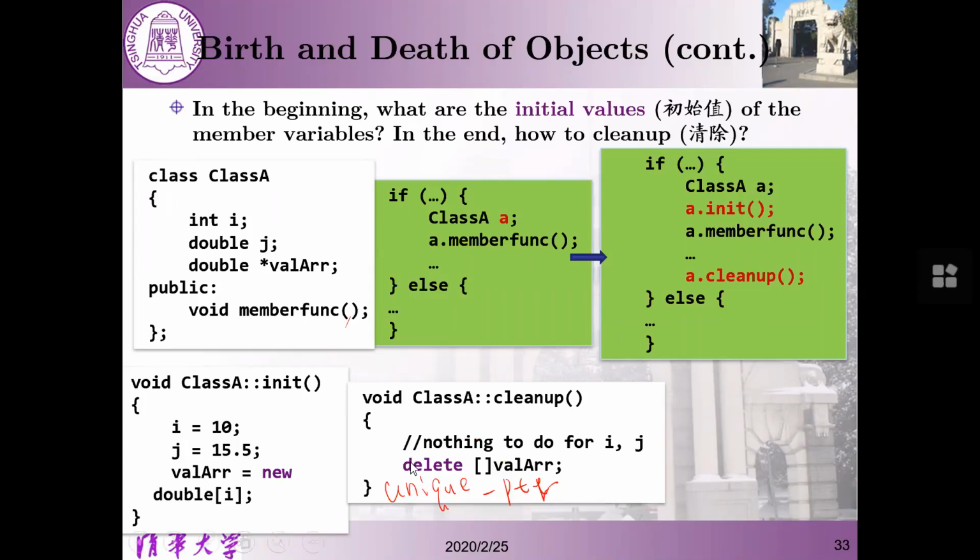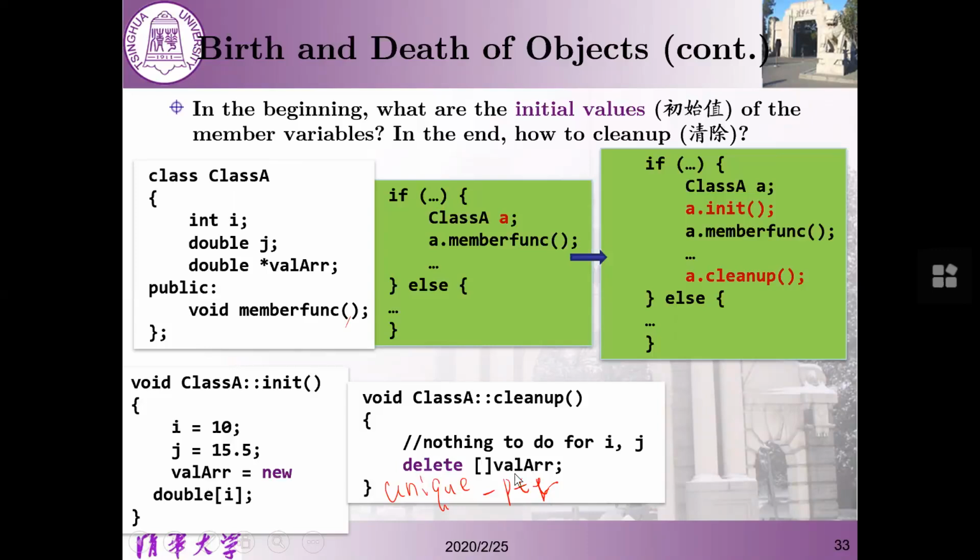What does a memory leak mean? We allocated memory and used it, but we forget to clean up. For example, here, if we forget to delete, then this memory will not be freed. It will be lost, and it will leak to the system. The system will never find this memory again because we did not clean up the memory. So this is very important.